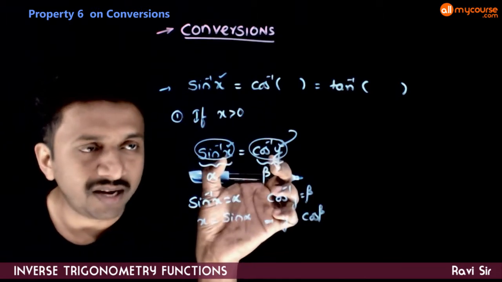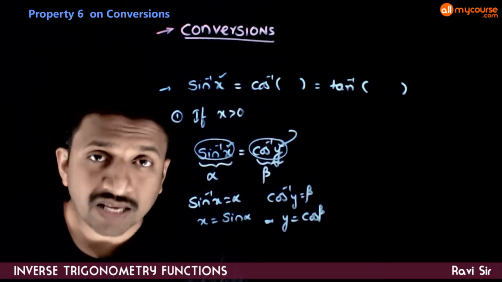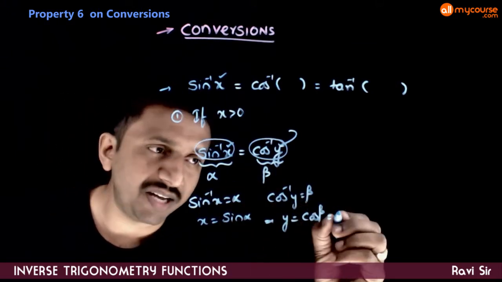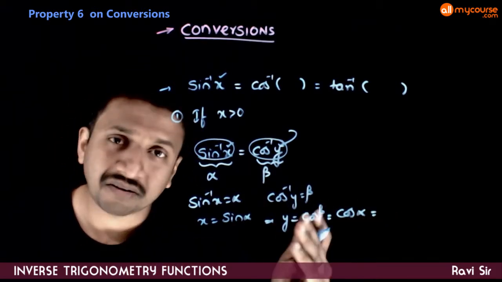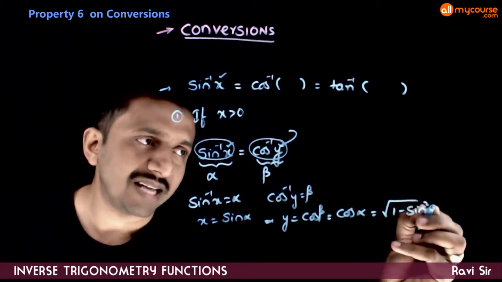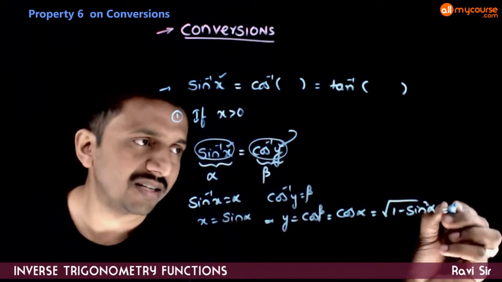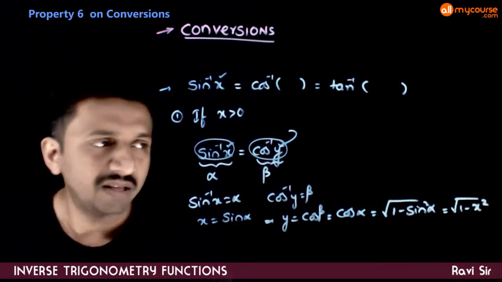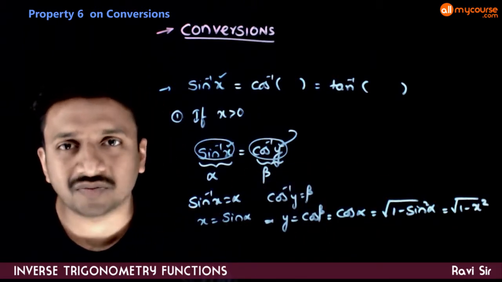You need to find what y is in terms of x. Now since alpha is equal to beta, cos beta can be written as cos alpha, or cos alpha can be written as root of 1 minus sine square alpha, and sine alpha is x, that is root of 1 minus x square. So y is equal to root of 1 minus x square.